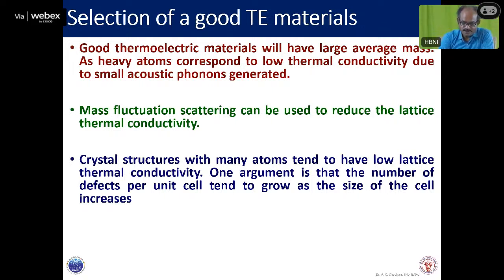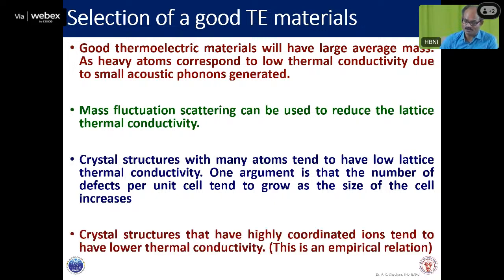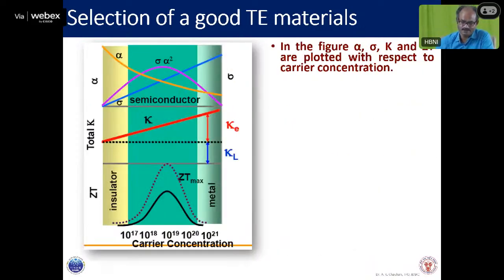And crystal structures with many atoms tend to have low lattice thermal conductivity. One argument is that the number of defects per unit cell tends to grow as the size of the cell increases, and that causes it to be a region of low thermal conductivity. Crystal structures that have highly coordinated ions tend to have lower thermal conductivity. However, this is just an empirical relation.